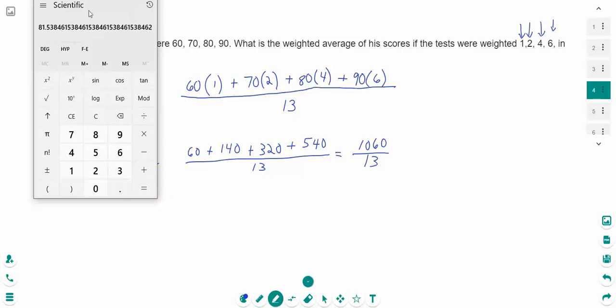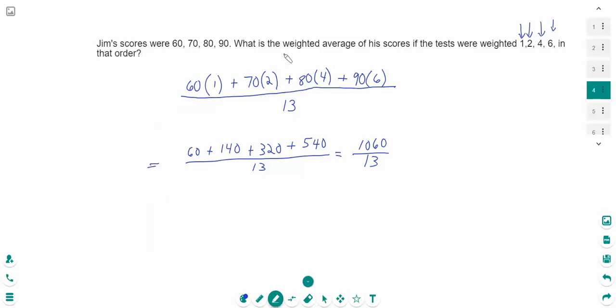We end up with 81.54. Okay, so Jim's final grade, his final average, will be 81.54. Okay, excellent.